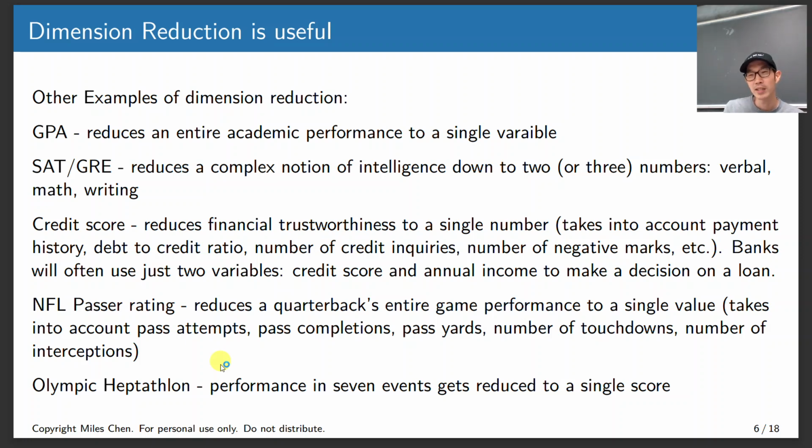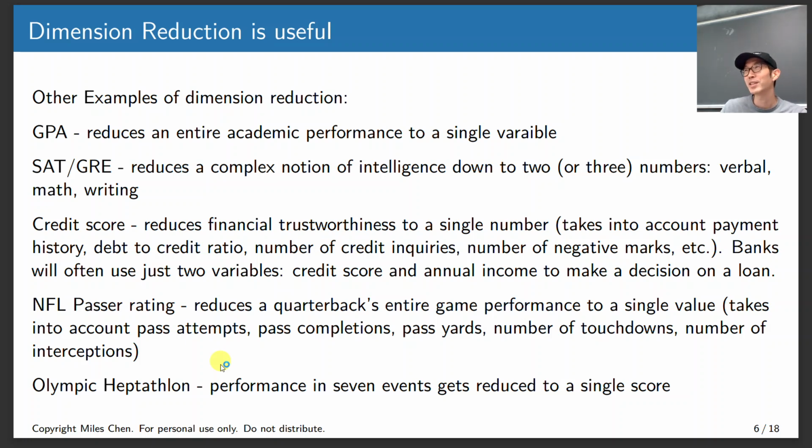Okay. Credit score is this concept of financial trustworthiness. If somebody lends you money, how likely are you to pay them back, or possibly not pay them back? It takes into account a bunch of things and boils it down to a single number, right? A credit score.